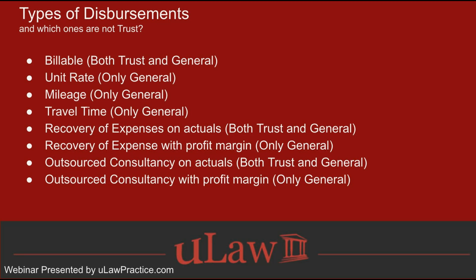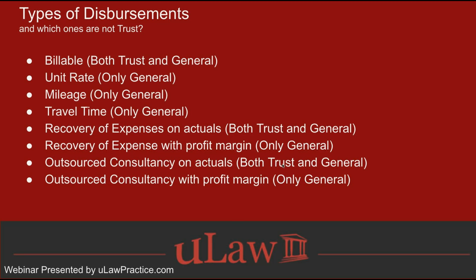Now, this also includes outsourced consultancies. If paying a third party from trust, you could just do a payout from trust. But if it's from general, we have a separate option that gives you payment to a third party, which could be done from general.